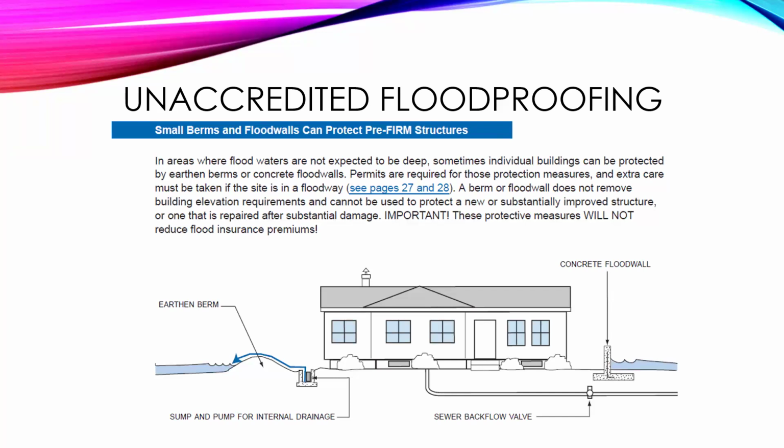So concrete flood walls are an example of that. Having a backflow valve in your house, in your plumbing, having an earthen berm, although we have seen that trap water against the structure. If it's placed appropriately, that might help. And then having that sump pump for the internal drainage.